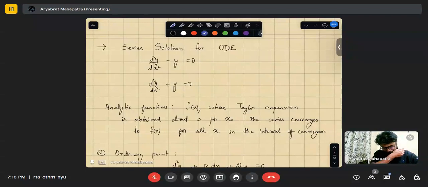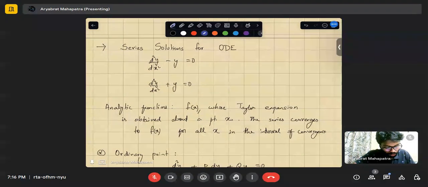Then this is a different topic, where you can solve your differential equations using series solutions. In general, for the differential equations that you solve, you pick an answer, and that answer is naturally in the form of some series expansion.